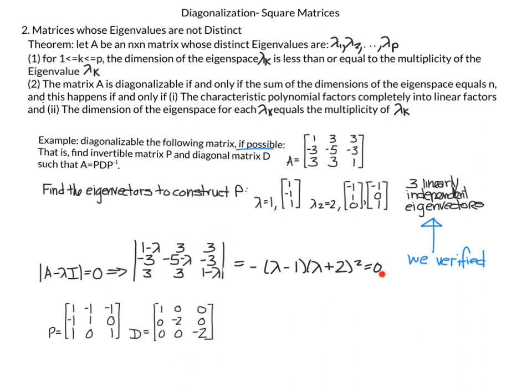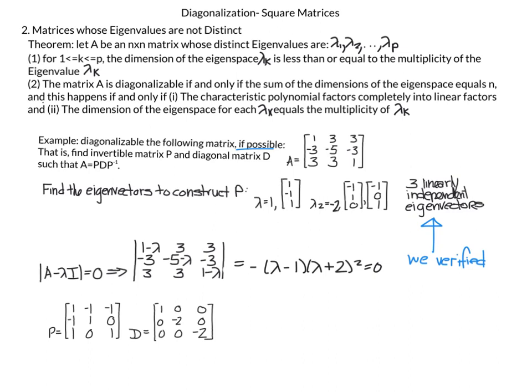And then we found the determinant would be equal to negative (lambda minus 1)(lambda plus 2) squared. And we set that equal to 0 to find where this matrix has eigenvalues. What we found was the first eigenvalue was 1, and then we had the eigenvalue equals negative 2, and that had multiplicity of 2.